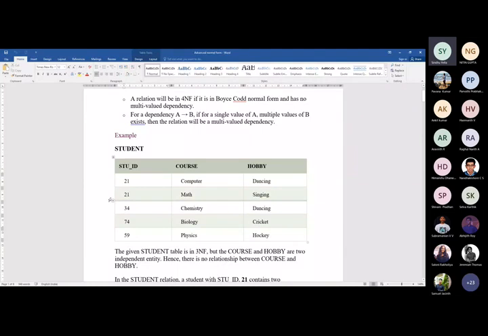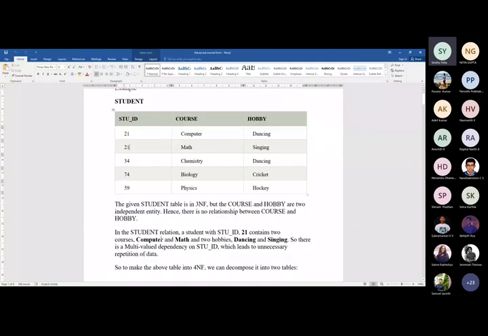So we'll have additional records like 21 computer singing and 21 maths dancing, and so on. Again, there is no relationship between the attributes course and hobby.